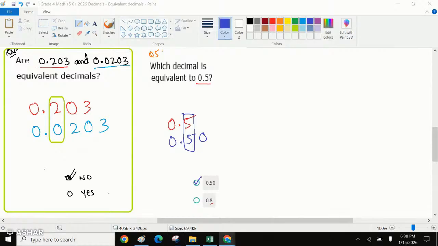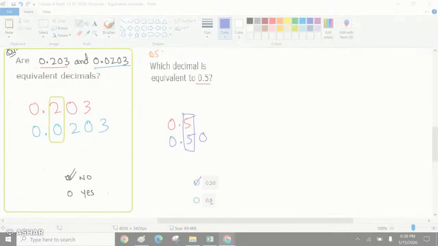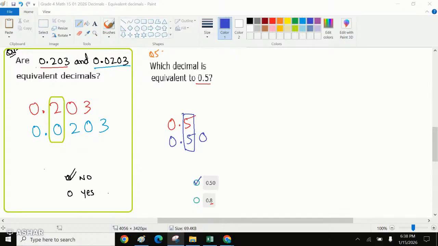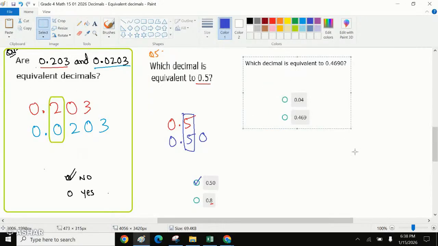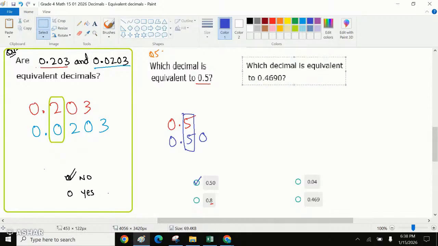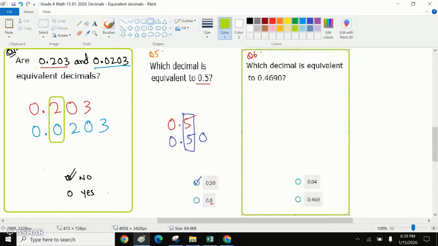So the next question we have is, which decimal is equivalent to 0.4690? Okay, it's a larger number given to us. These are the two given options. And they're simply asking which decimal number is equivalent to the given number. Question number 6. Option A or option B?